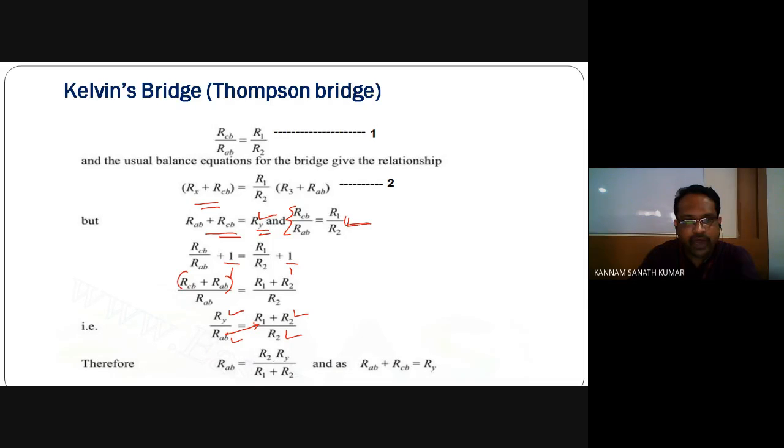RAB equal to R2 into Ry by R1 plus R2, and RAB plus RCB equal to Ry.